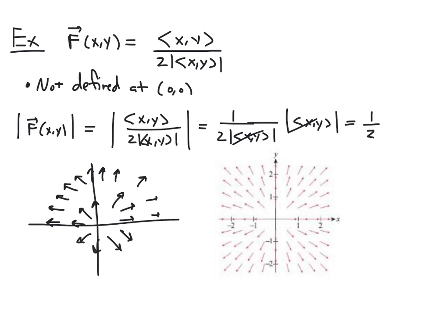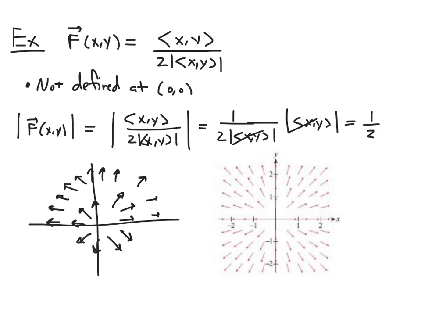It looks roughly like what I drew, just with more detail and more consistency in the length of the vectors. If we had a fluid flow given by this vector field, anywhere the fluid was dropped in the plane, the fluid would then start moving away from the origin at a constant rate of 1/2 unit per time.